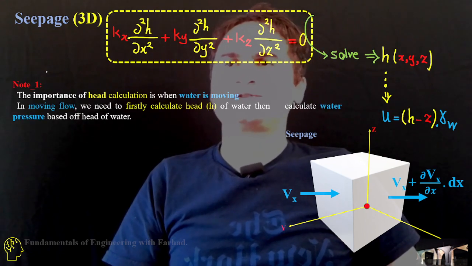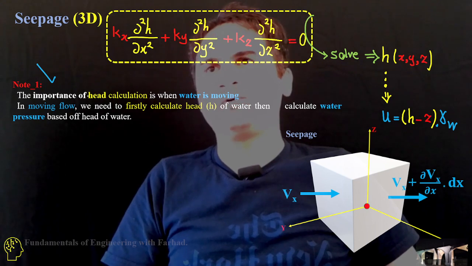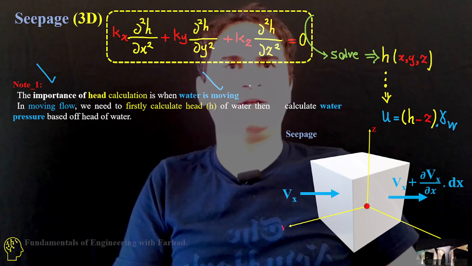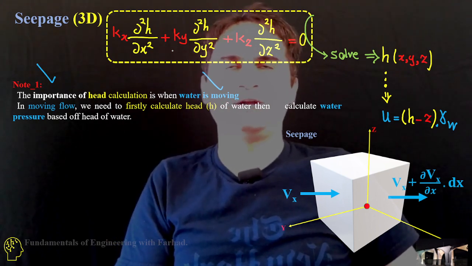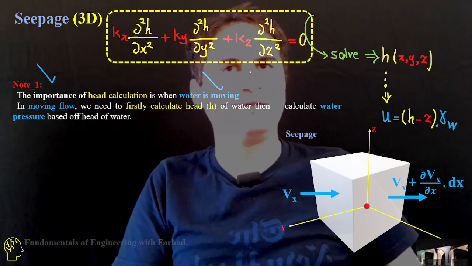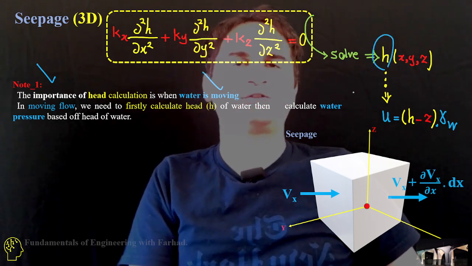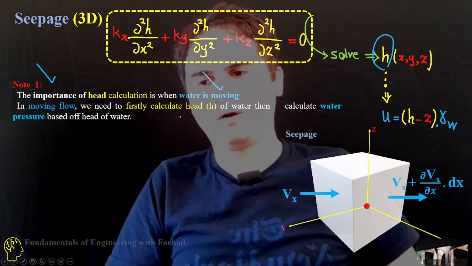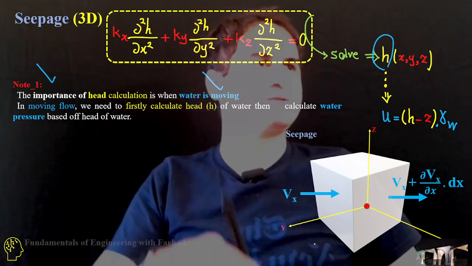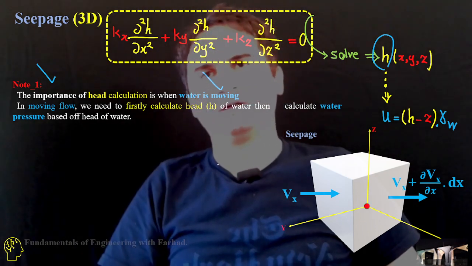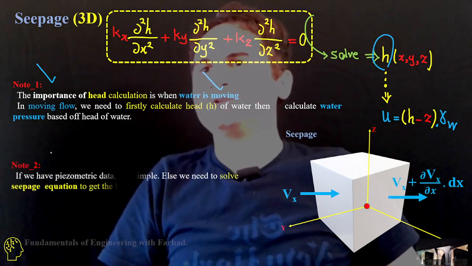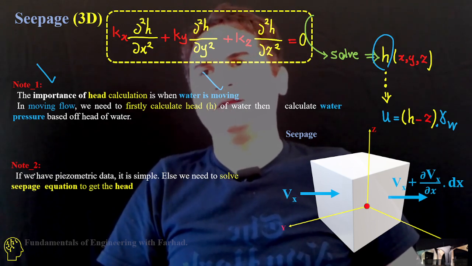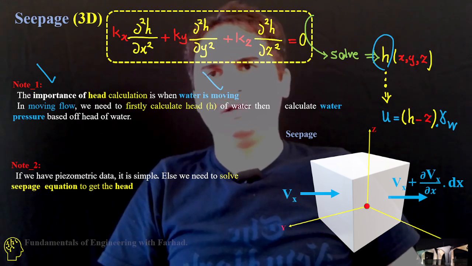So note 1: the importance of head calculation is when water is moving. In moving flow, we need to solve the seepage equation in either 2D or 3D format to get the water head. If it's not moving, if it's in static mode, you just use a piezometer or get the information from data. Note 2: if we have piezometric data, it is simple.